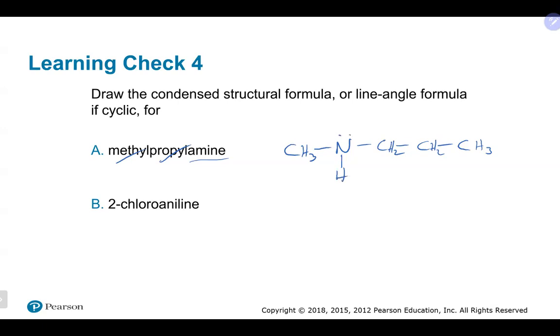Now you might be asking, how do I know how many hydrogens to put in there? You can remember that these guys are really based off of ammonia, which has 3 hydrogens. So one way you could remember it is if it is a primary amine, you would have something like this, maybe.